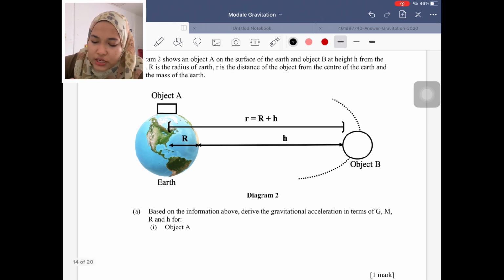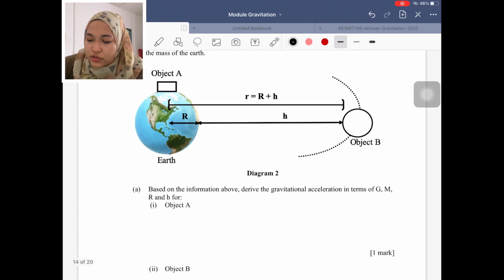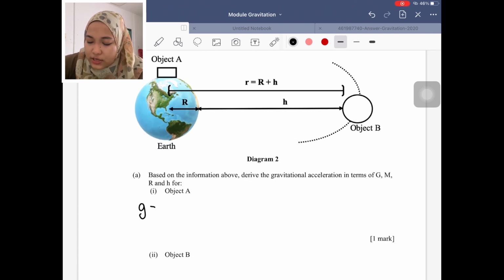Okay, so object A, they stay on the surface of the earth. So maksudnya g dia adalah g daripada second law of motion, which is force dia adalah F equals to mg. And also we have a universal law of gravitation.